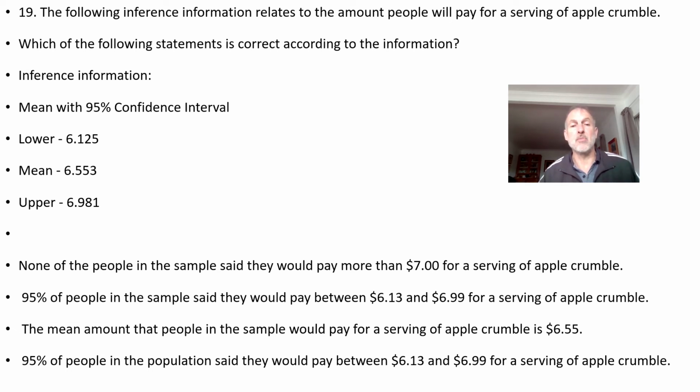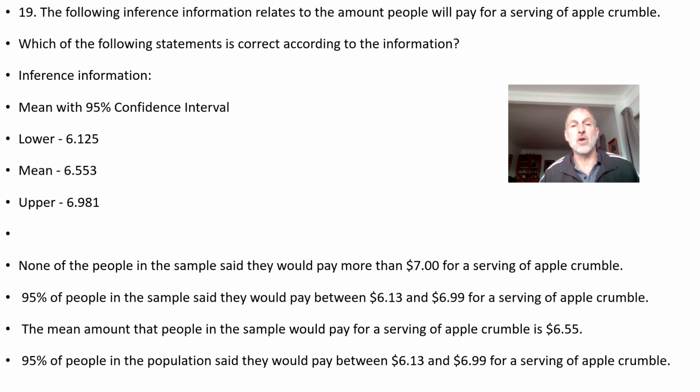Third statement, the mean amount that people in the sample would pay for a serving of apple crumble is $6.55. 95% of people in the population said they would pay between $6.13 and $6.99 for a serving of apple crumble.